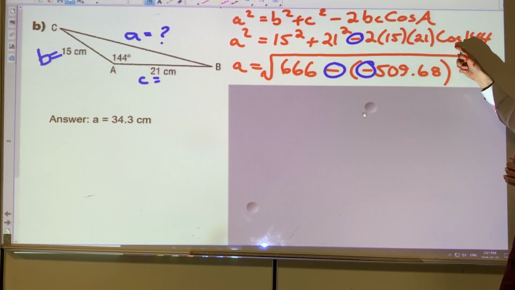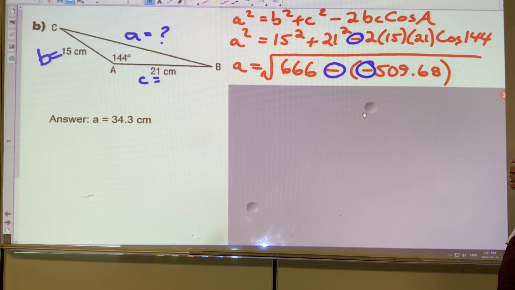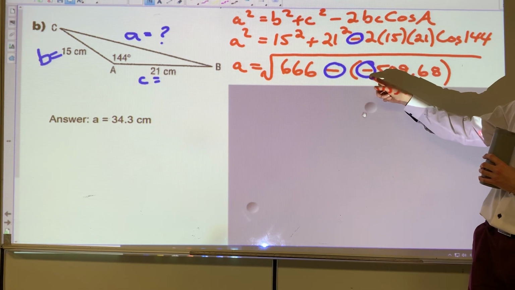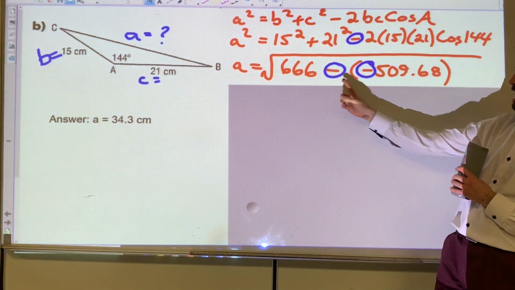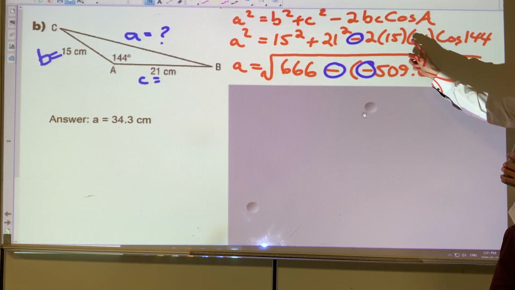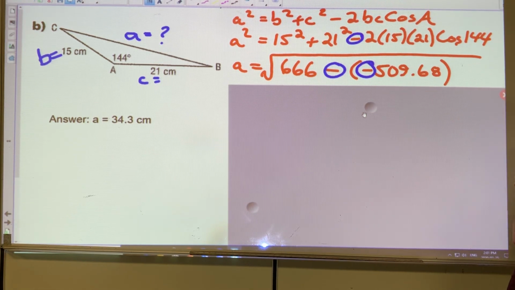Quadrant 2, and cos is x. Is x positive or negative? Negative. So this ends up being negative. Now you have this negative from out here, and cos 144 gives you a negative. So you have 666 subtract negative 509.68. When you go this times this times this times 2 with your calculator, you will get negative 509.68.